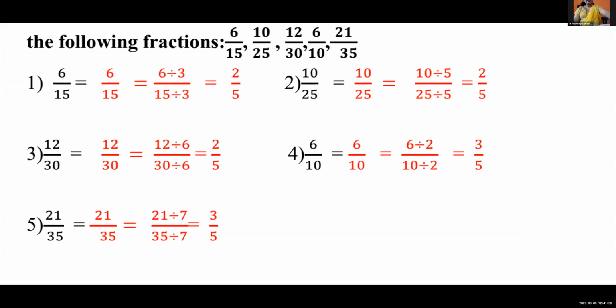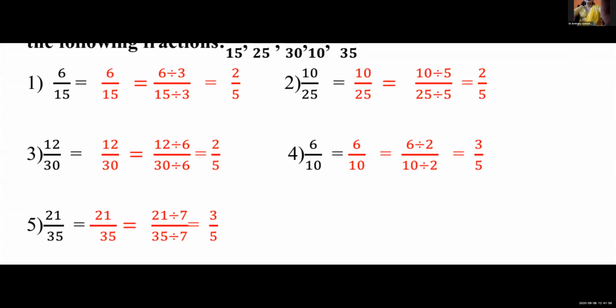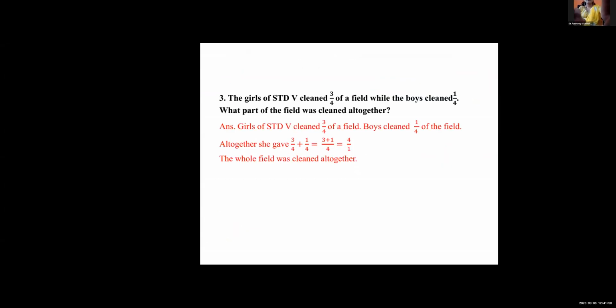Does everyone understand this? Understood? If the number is small, you will do the division, and if the number is big, you will do the multiplication. Now we'll see the next question.